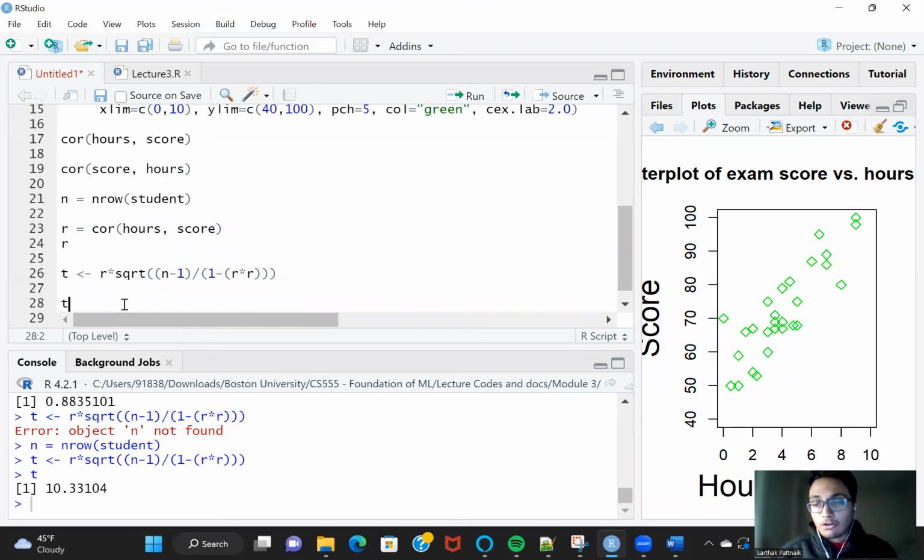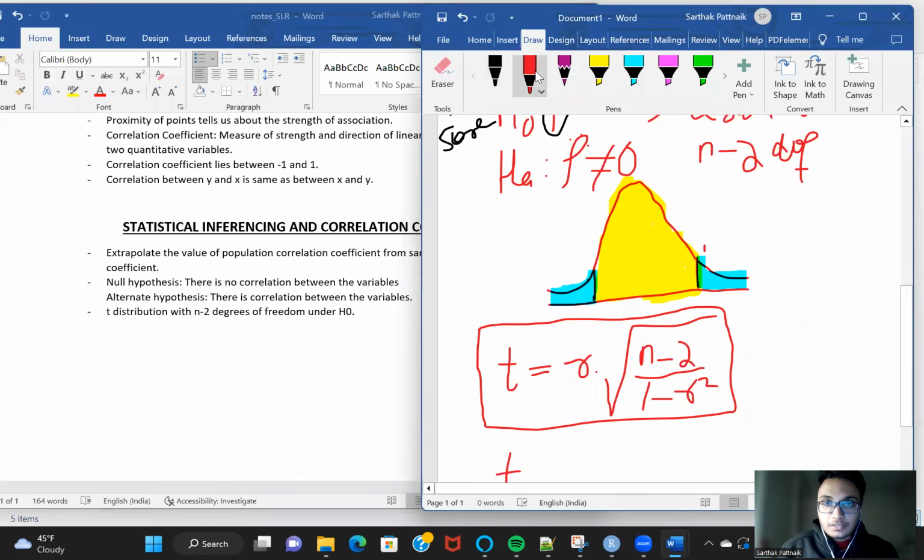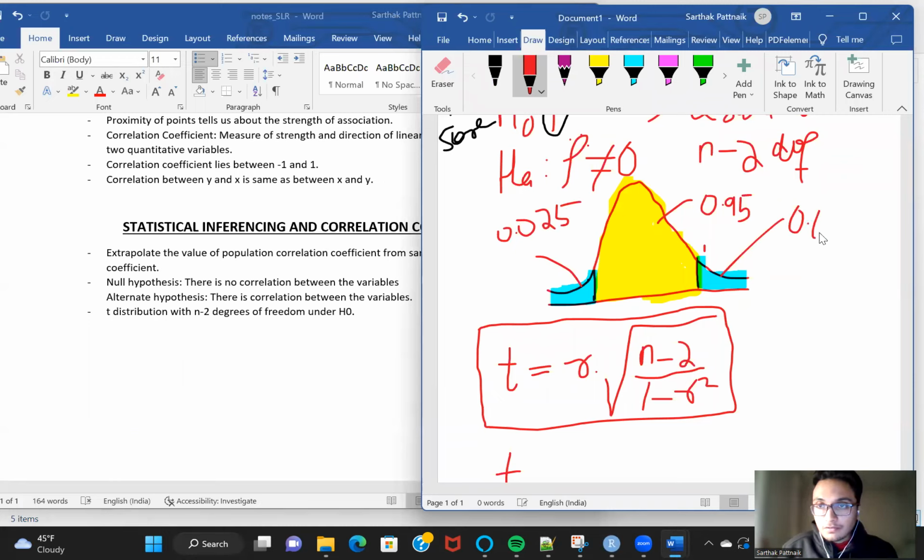Now, if someone asks me to test whether or not my result is significant at the 95% confidence level, or 0.05 significance level or alpha level, I have to calculate t critical. It will be qt. This is my 0.95. This is 0.025. This is 0.025.